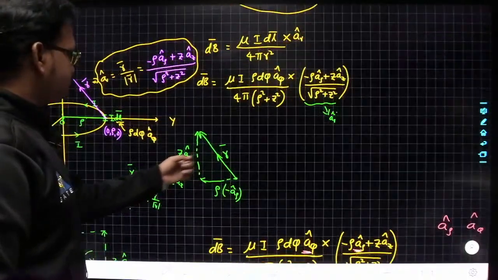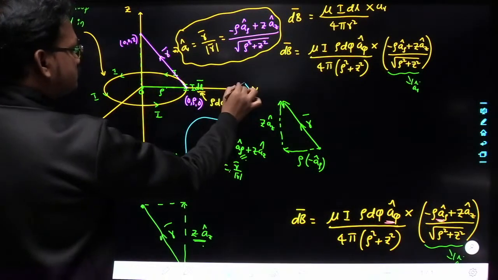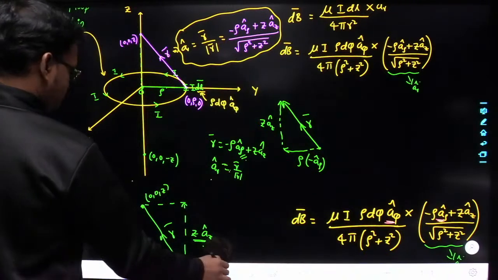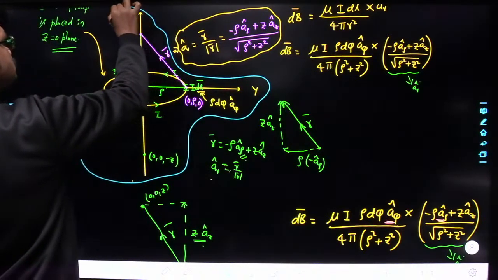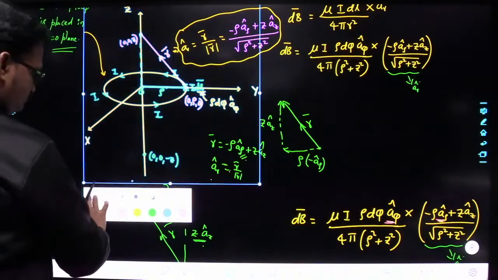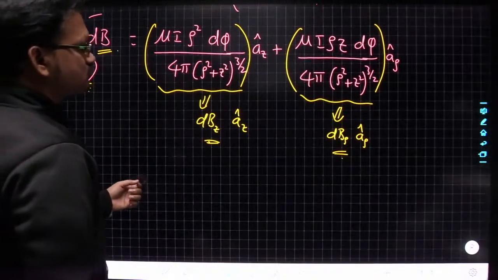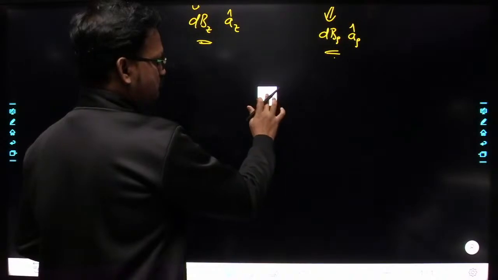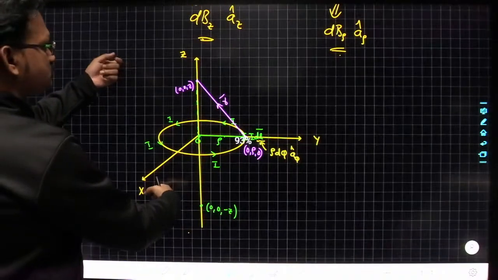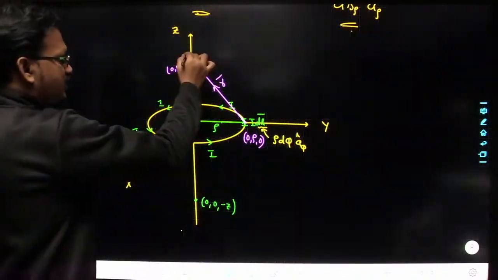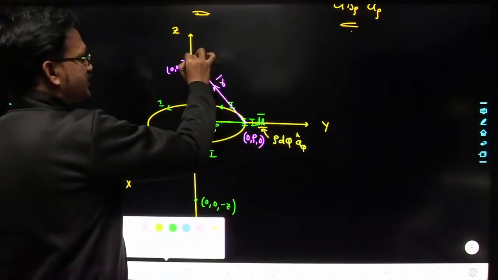So I will copy this figure here. Okay, so that means the small differential B field at this point has two components.